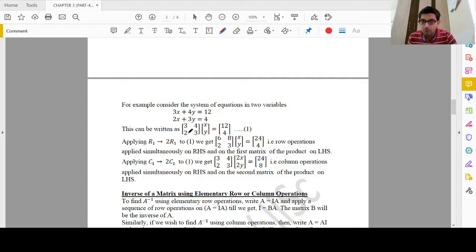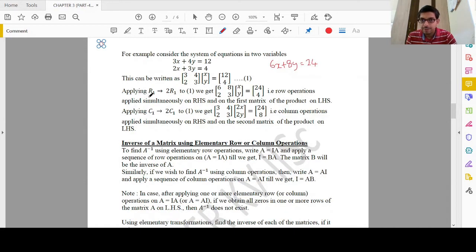So this can be written as 3, 4, 2, 3, and that is the coefficient matrix. Then x comma y, that is the matrix of the variables, equal to 12 and 4, that is the right hand side constants. So now if you multiply this, you will get the same equations 3x plus 4y equal to 12, then 2x plus 3y equal to 4.